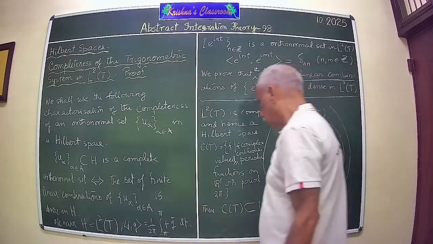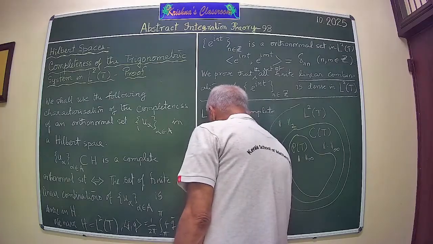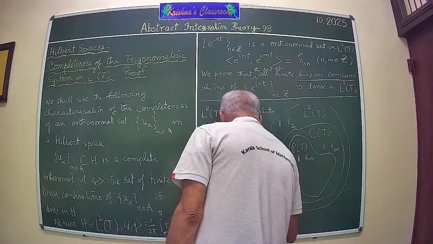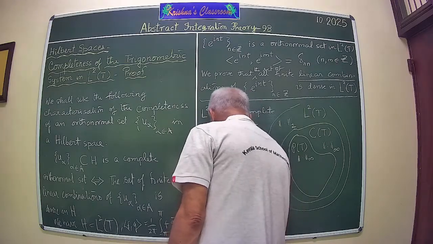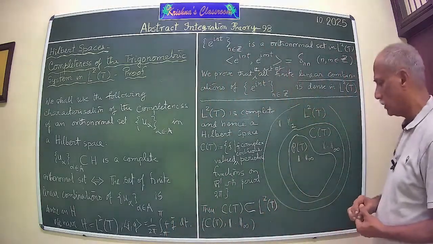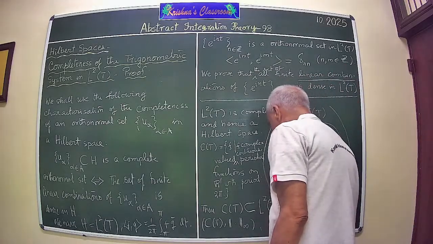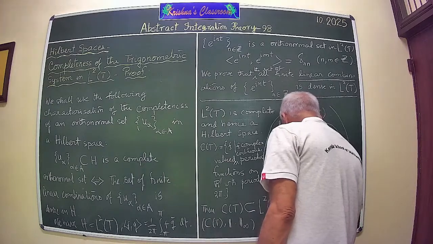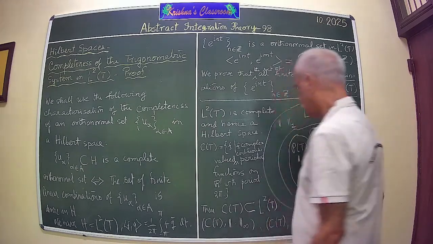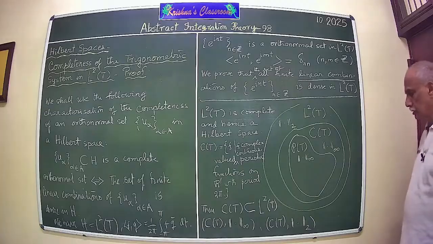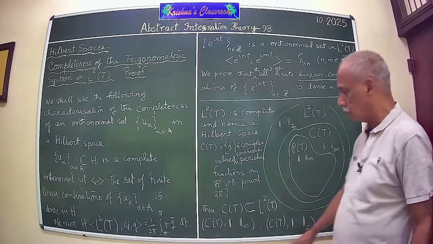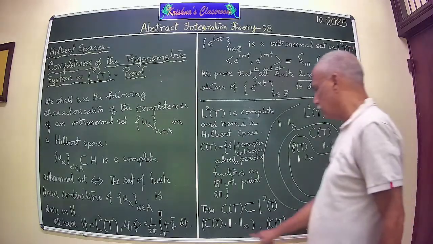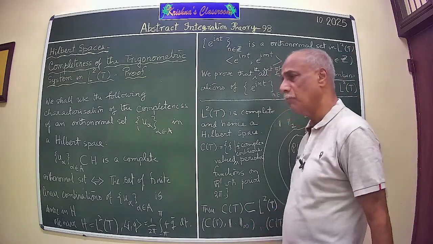On C(T) we have the infinity norm, and we also use the L2 norm. This is the Hilbert space norm now. This is the supremum norm now. Now C(T) with the supremum norm is complete.